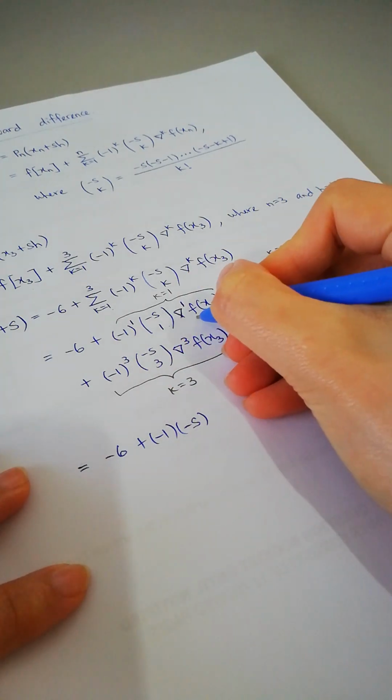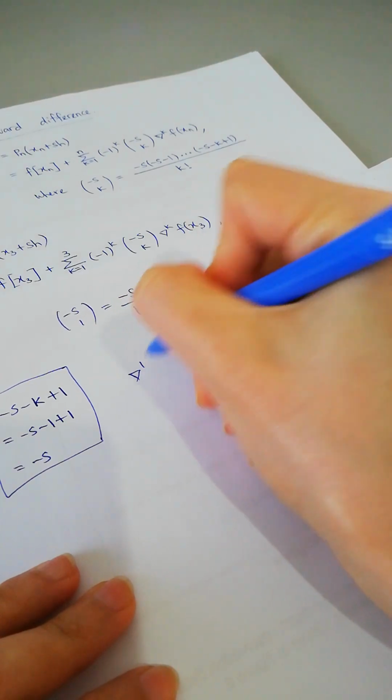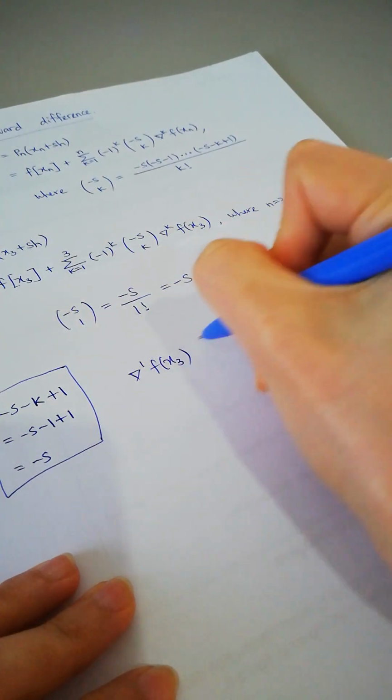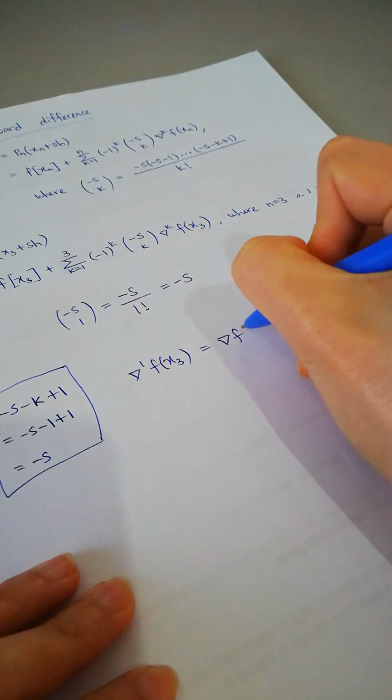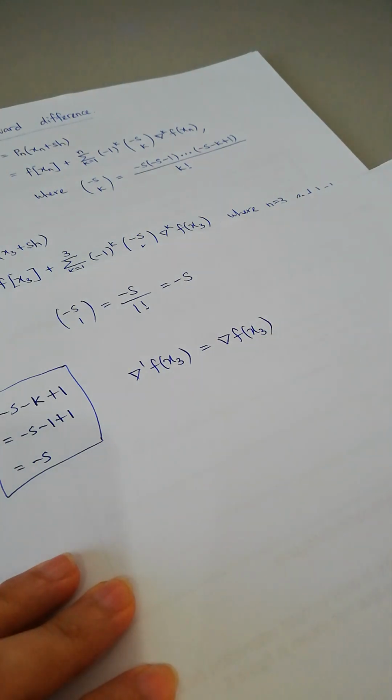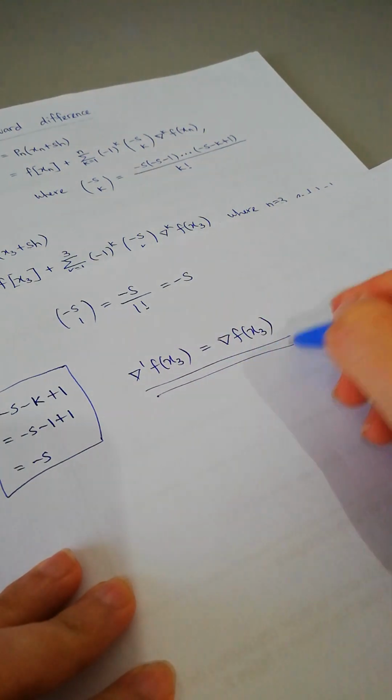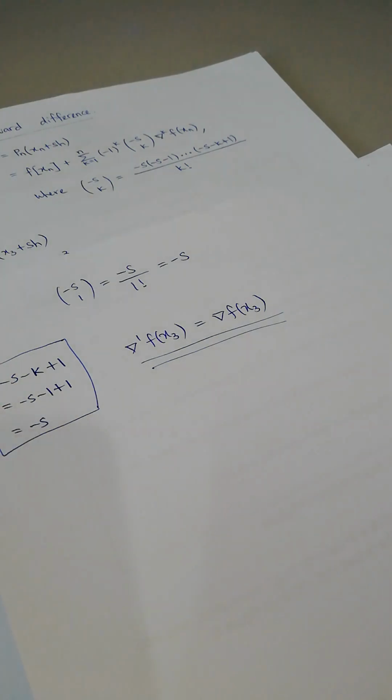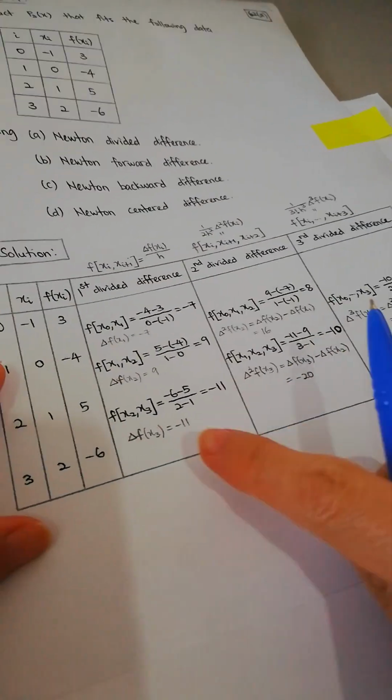What about these? Always remember this one, fx3 is actually equal to this one only. So it is the same thing. So then you refer back to the table, so you are looking for this.